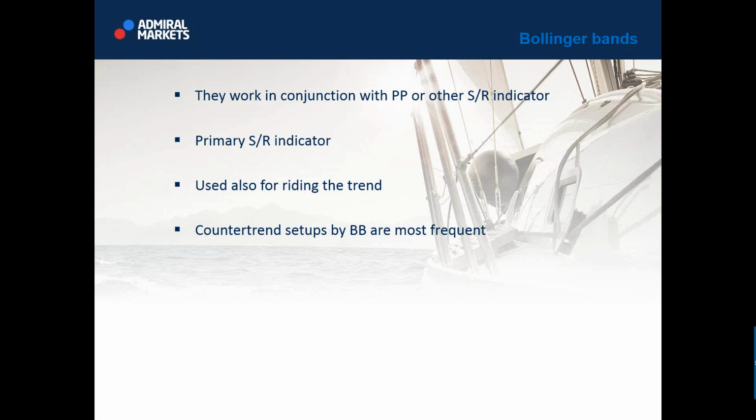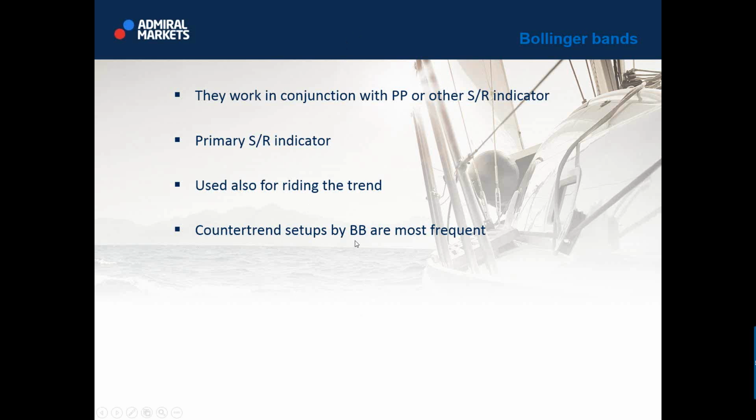But we can also use them for riding the trend, and then it's called riding the bands, riding the Bollinger Bands. So when we use it for riding the trend, those Bollinger Bands have a different purpose. Then we use it only as support or resistance, not for both. I will show you that on charts.